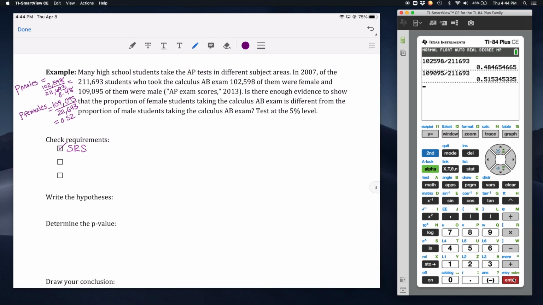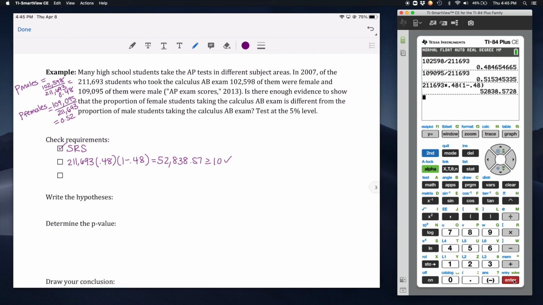So as we do our sample size, which is 211,693 times 0.48 times 1 minus 0.48, we end up with a number that is well over 10.